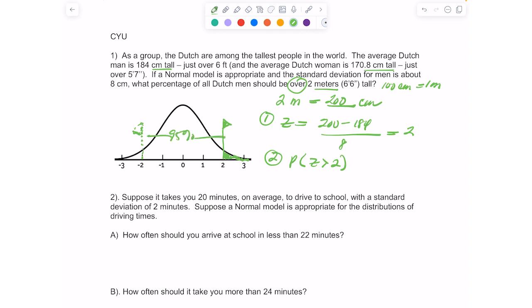So 95% of men would fall within 2 standard deviations of the mean. If the whole curve is 100%, subtracting the 95 leaves 5%. And remember that the 5 is divided up among the 2 sides, so I would divide by 2 and get 2.5%. It means about 2.5% of Dutch men should be over 2 meters tall.